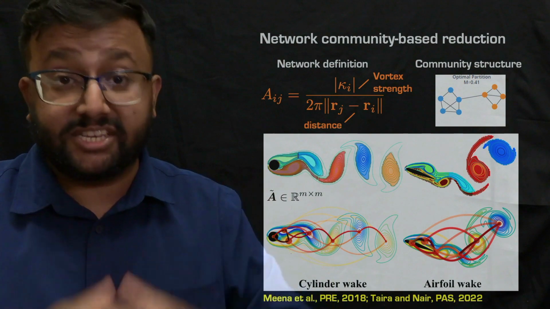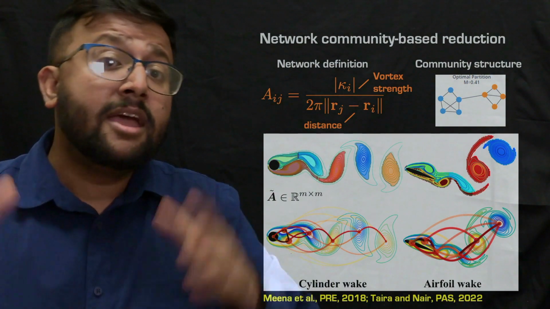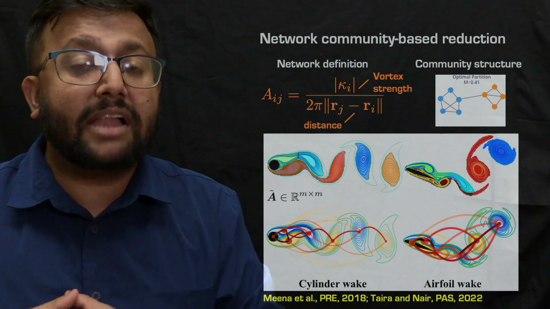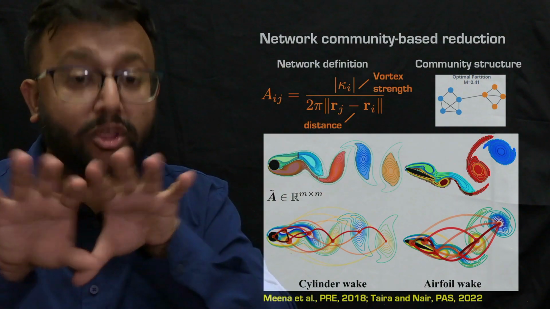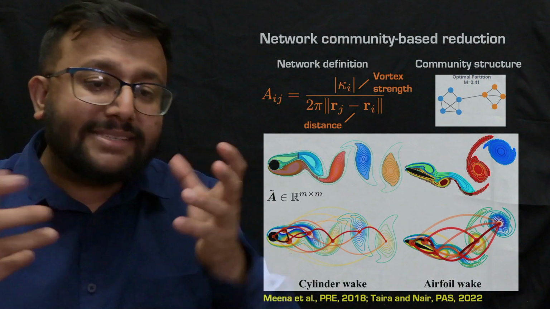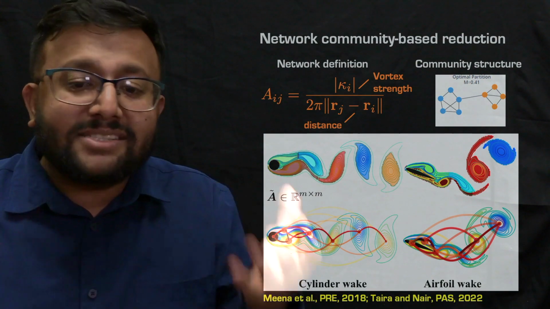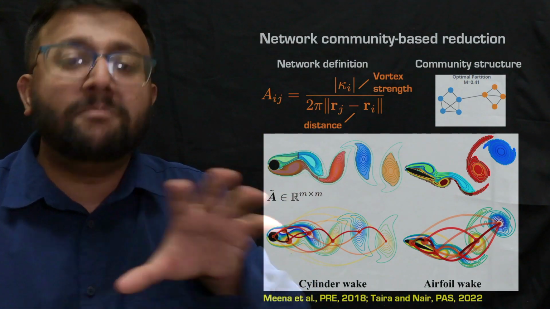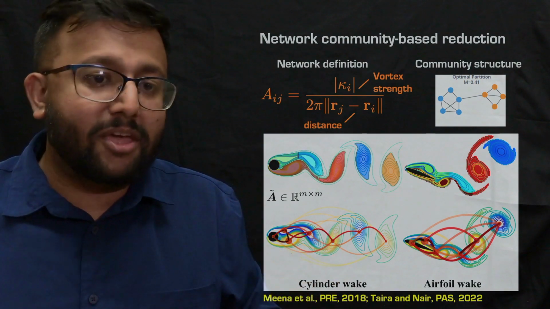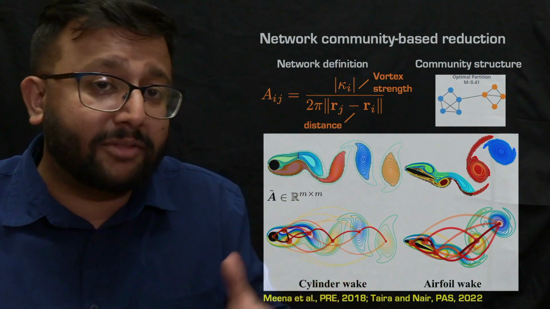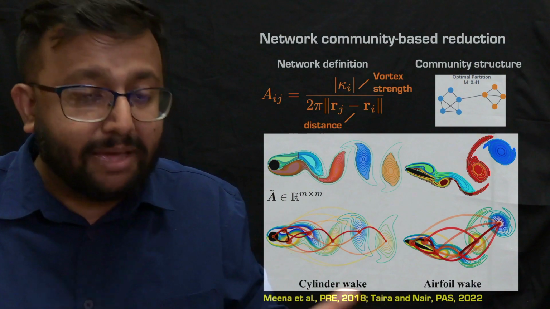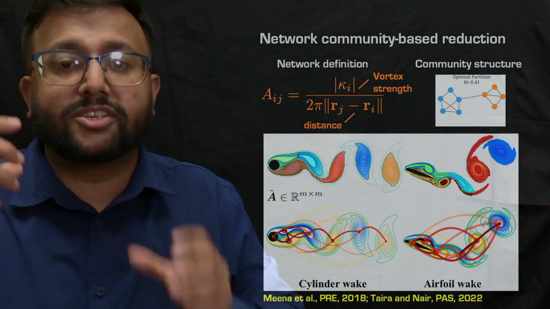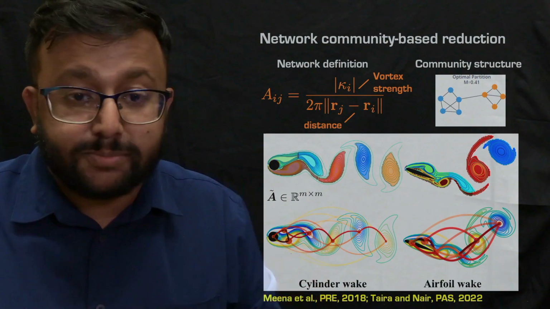We can compute this adjacency matrix A. And we can feed this adjacency matrix through this modularity maximization algorithm to get membership groups or this community structure. And what we see, the nice thing about this, is that all of the vortical structures in the wake have their own membership classes. I want to point out that this is not a vortex identification method, but in some sense, it identifies some kind of structures in the wake of these problems, right?